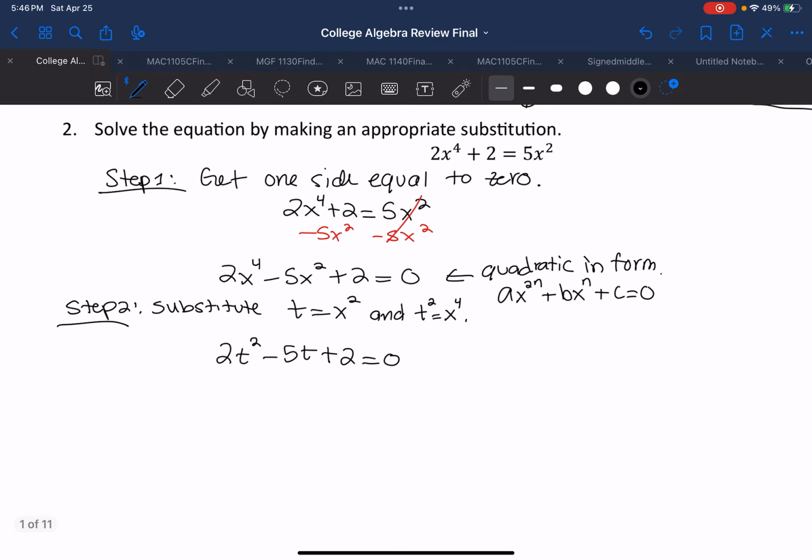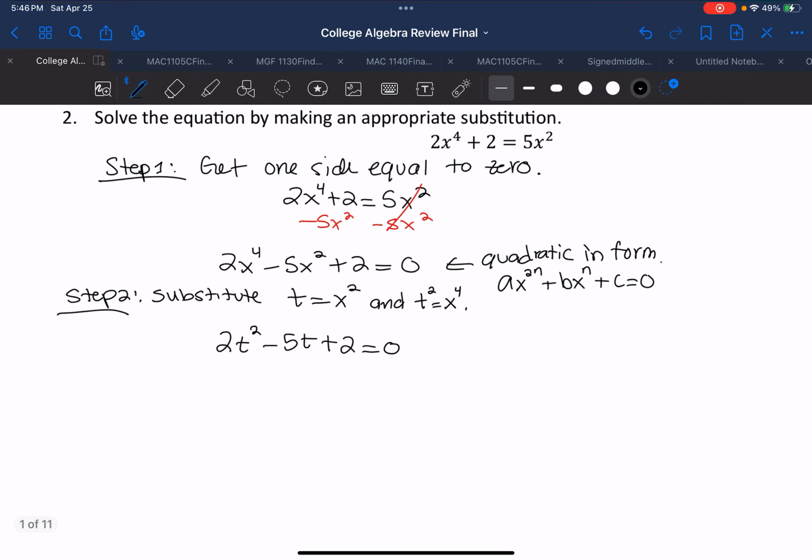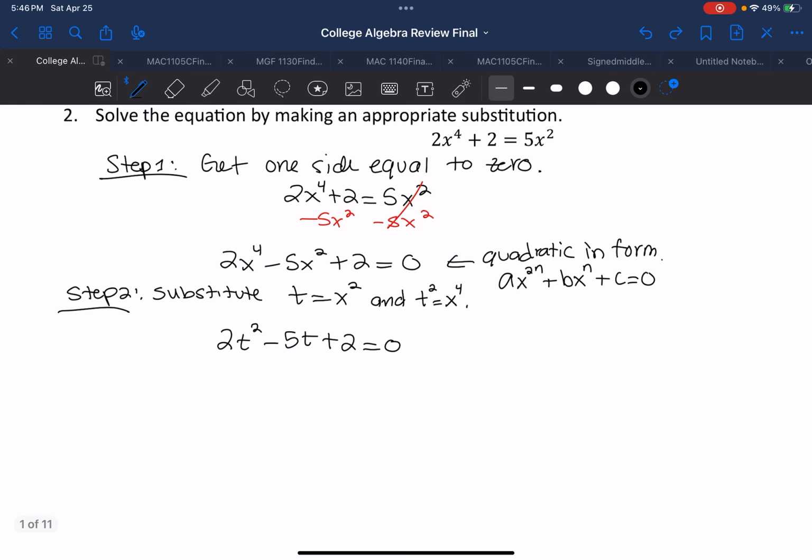And now this just looks like a regular quadratic equation, and I can solve it like normal. So I have a that's not equal to 1. So this is the longer, harder method where I have to do the AC method. So I'm going to factor using the AC method.